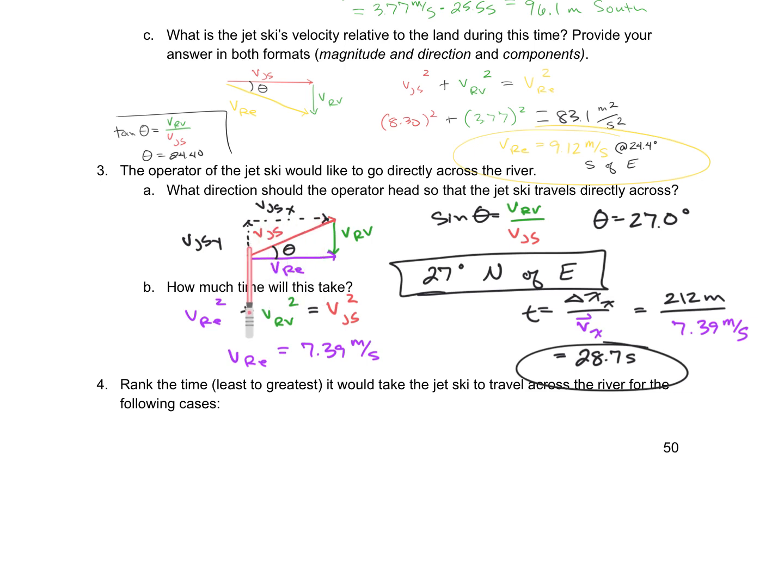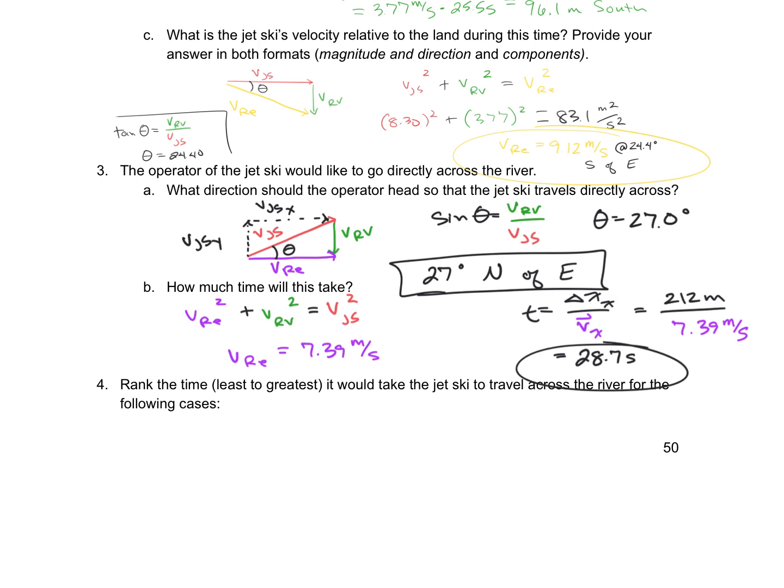Because the y component is directly north and the river is directly south, those two velocities do end up conflicting and they cancel each other out. If you want to produce a resultant vector that is perpendicular to the starting point, you need to find a way to cancel out the north component of the jet ski with the south component of the river.